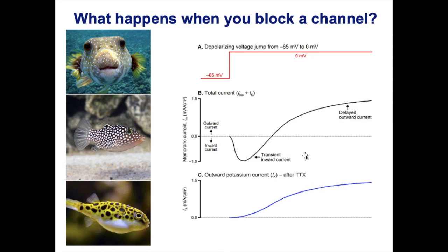If you use tetrodotoxin, you can isolate this potassium current. You can close the sodium channels, and then you lose the inward current produced by the sodium. And what remains is only the current that's being produced by potassium. And if you look at this relative to this trace up here, you can see that in fact, at the time that the membrane is depolarized, you also see opening of potassium channels.